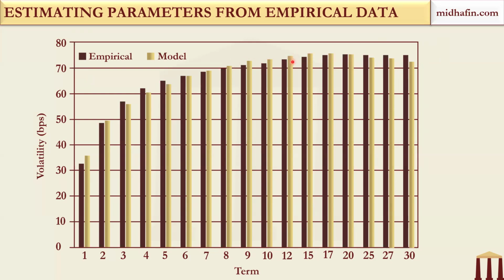Okay, the ability to match this pattern is not just accidental. It is the result of building a very solid model and carefully estimating these three parameters: sigma m, sigma l, and then rho.